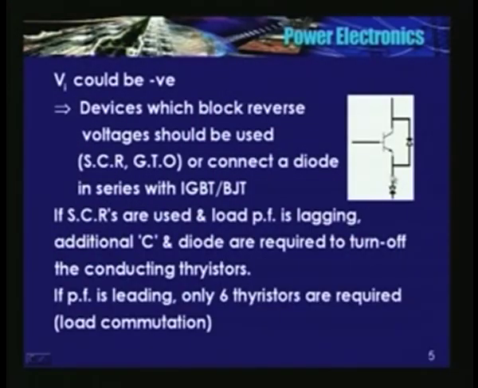See here. Now, the switch can block the negative voltage. It can pass the unidirectional current, and the diode can block the negative voltage. So you can use these switches in a CSI. I told that SCRs can be used.